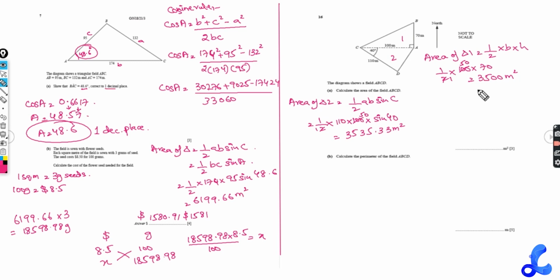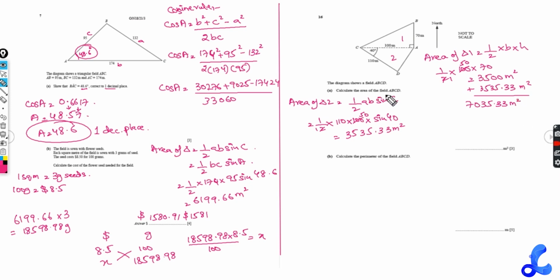So all you do is add it over here, 3535.33 meters square. When you add both these values up, the answer that you should get is 7035.331. So .33 meters square is alright.